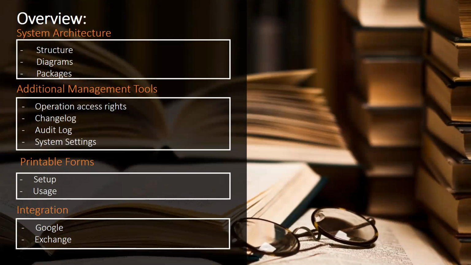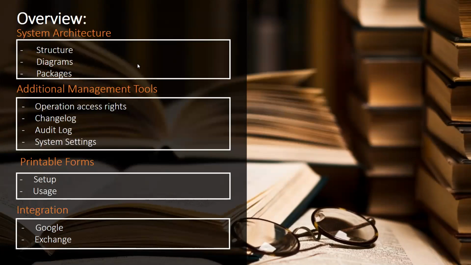We've already seen how we create details, and I've talked a little bit about exactly what happens in the back end, but here you'll be given a little bit more information on how all of this fits together. Then we'll take a look at some additional management tools, including the changelog, and we're going to end by taking a look at our system, at our printable forms and integration.